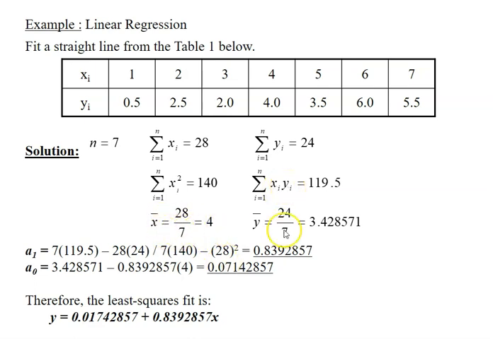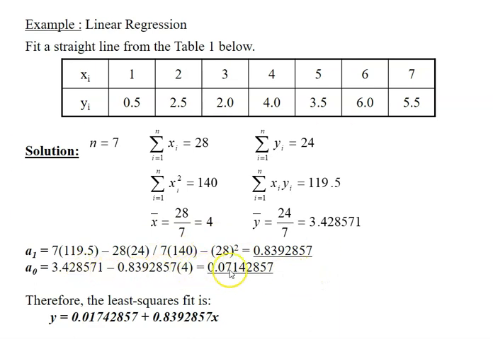And last, you need to calculate the mean value for x and the mean value for y. Alright, once you have all these terms worked out, just substitute into the equations I showed you previously to calculate your a1, which is your slope, and your a0, which is your intercept.